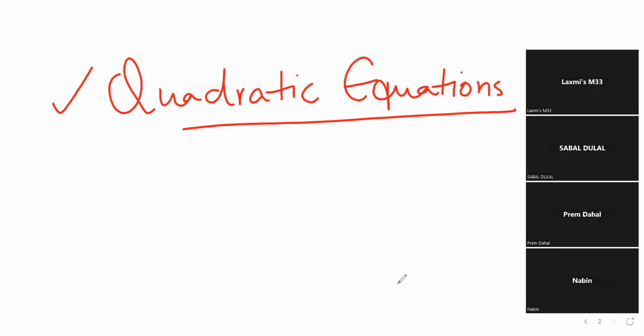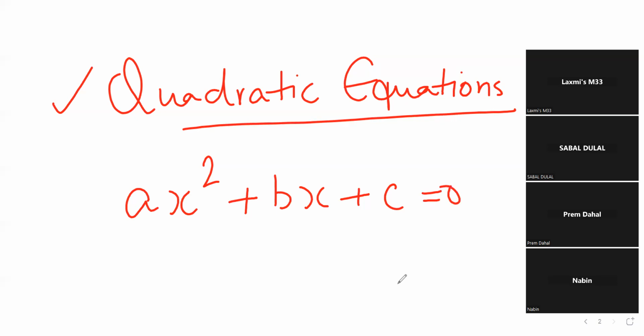Okay, so let me start with it. A quadratic equation is in the form of ax square plus bx plus c is equal to 0, where a, b, c are real numbers.